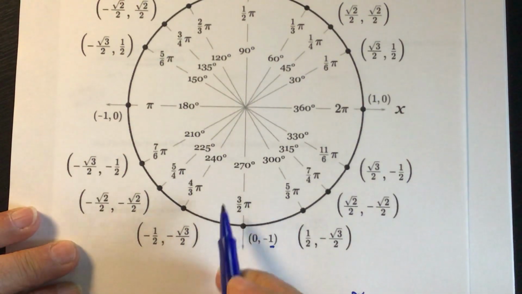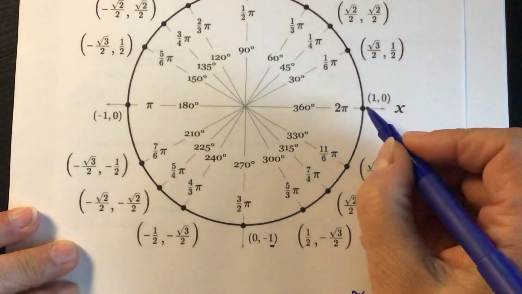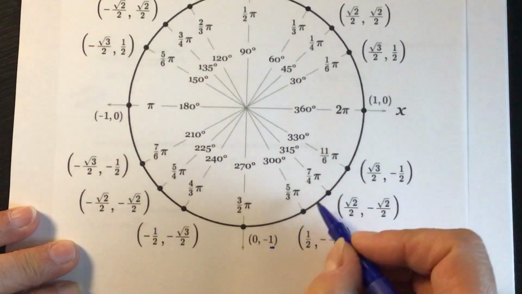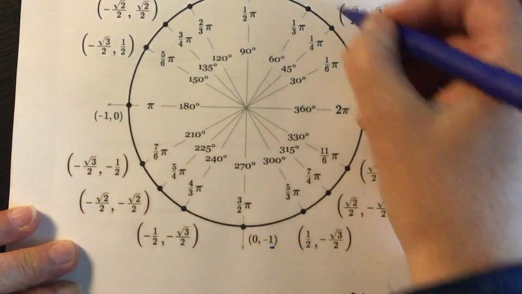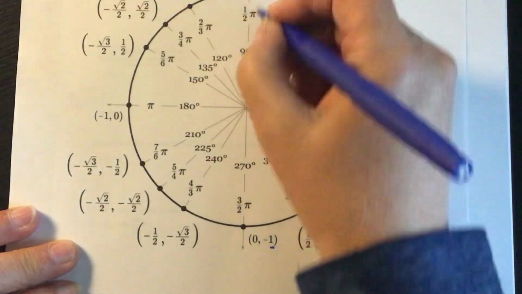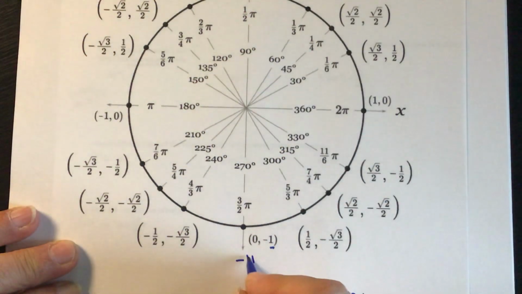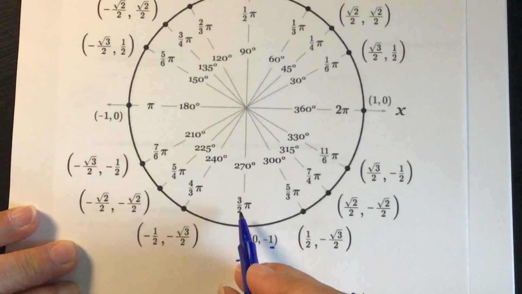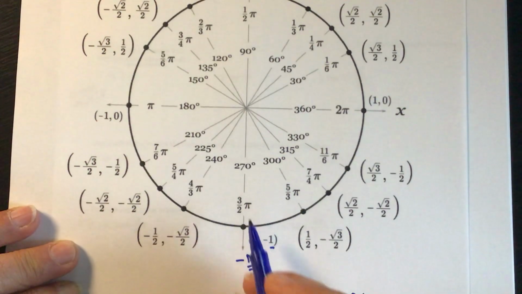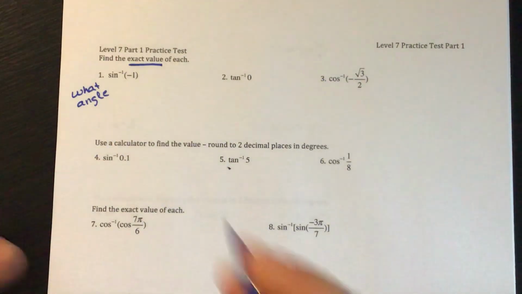So this angle here at 3 pi over 2, I need to write it as a negative angle, so instead of 3 pi over 2, to fit in our domain, it has to be -pi over 2.